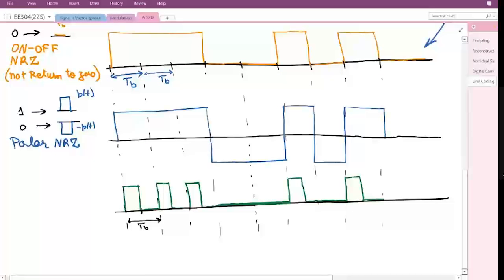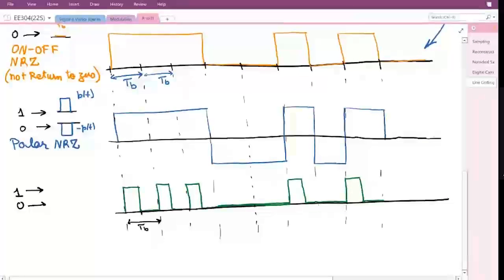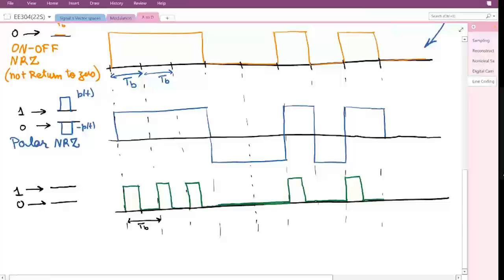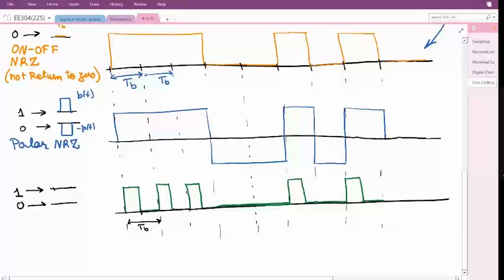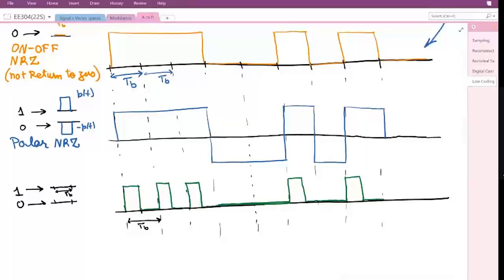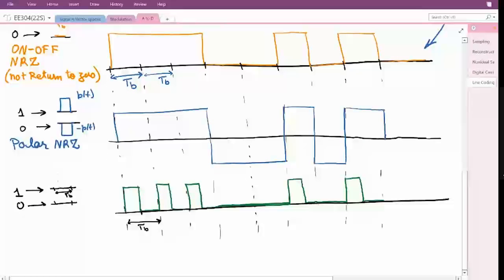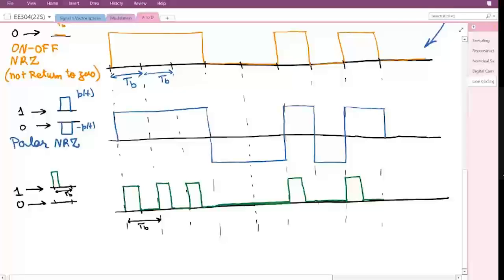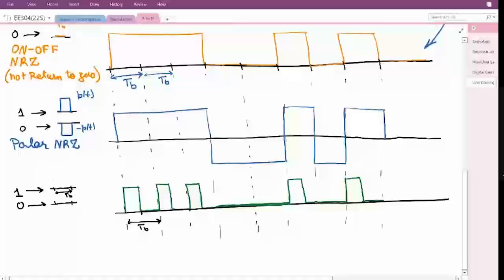So what we are saying here is, for 1 and for 0, and this is Tb, for half the duration you have to transmit this pulse like this.